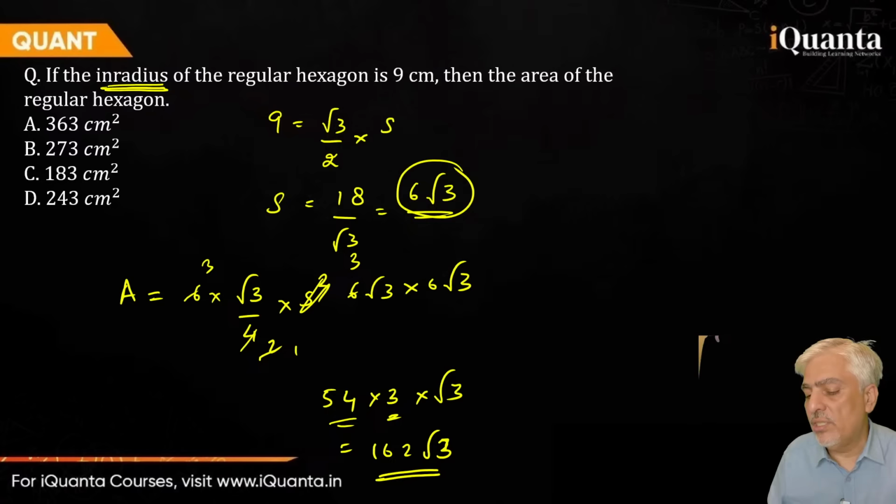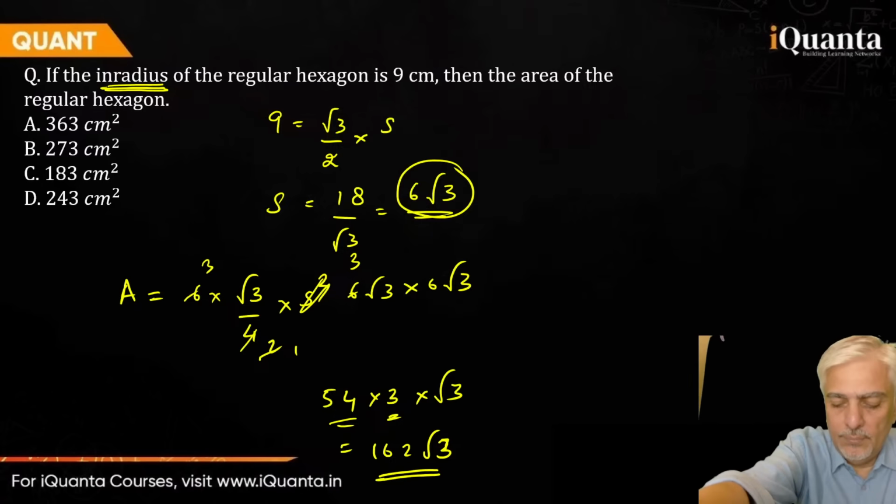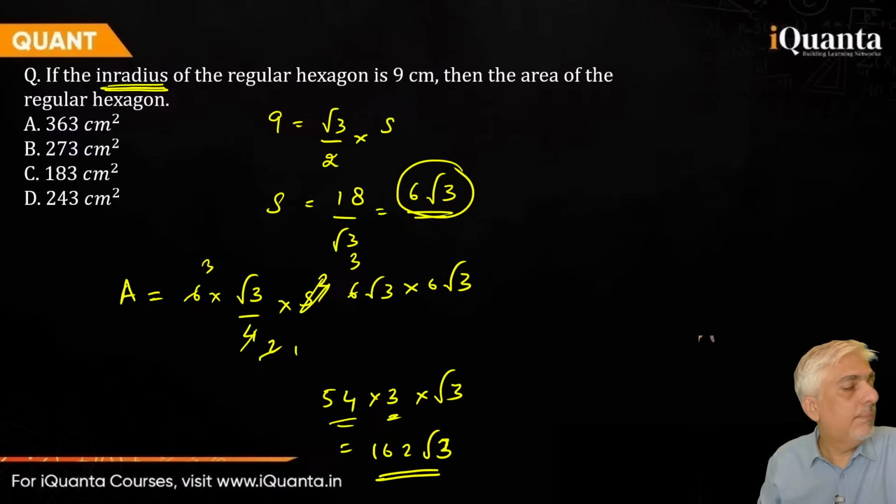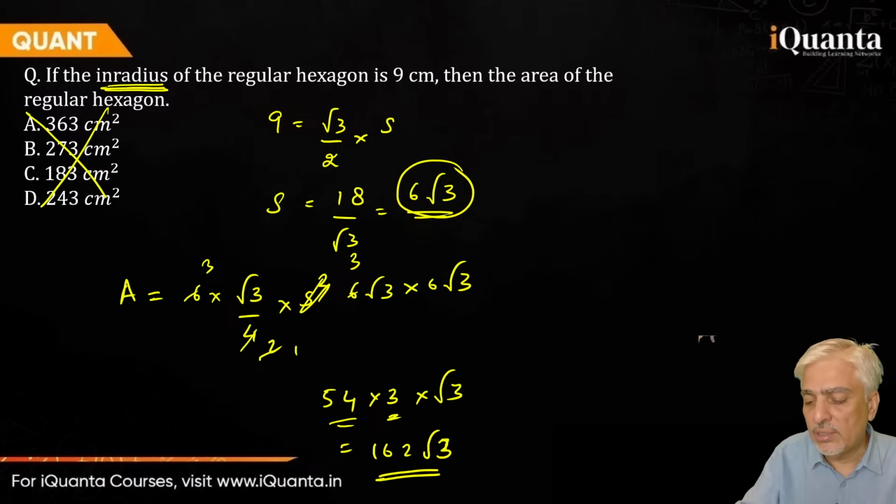Unless they have done an approximation. Somebody use the calculator and check the answer. 162 root 3 is coming out to be how much? Multiply by 1.7. I think it will be approximately 273. So I don't know why the options are given like this, but we are very clear 162 root 3 is the answer. Forget the options.